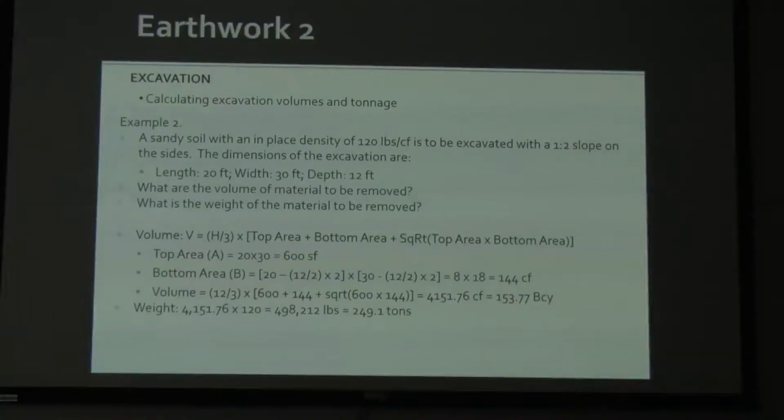The volume, therefore, is 12 divided by 3 times 600 plus 144 plus the square root of 600 times 144, which is equal to 4151.8 cubic feet, or 153.8 bank cubic yards. And the weight would be the volume in cubic feet times its density, and that would be 249.1 tons.